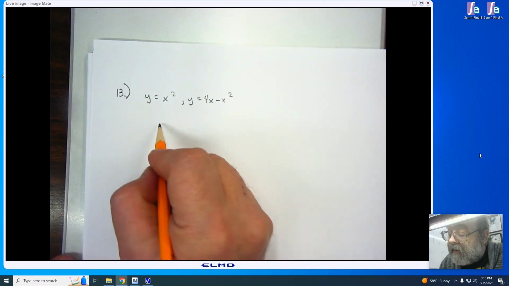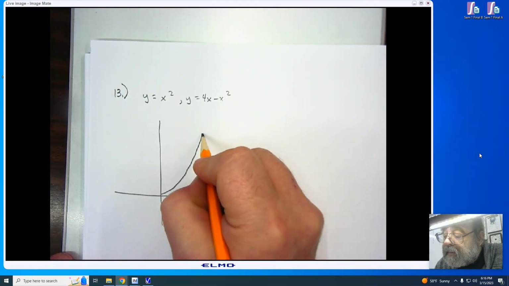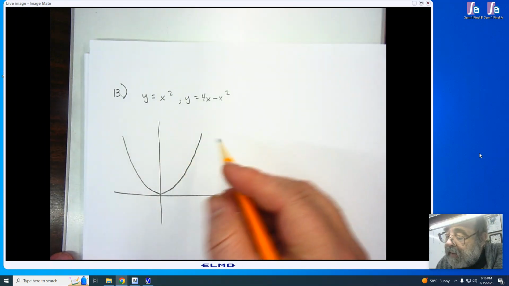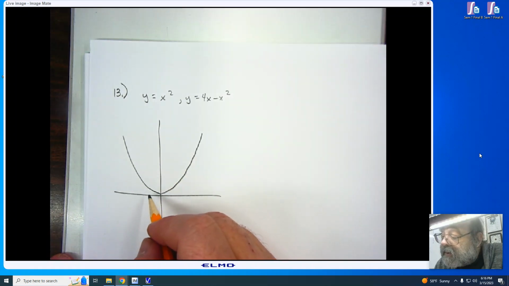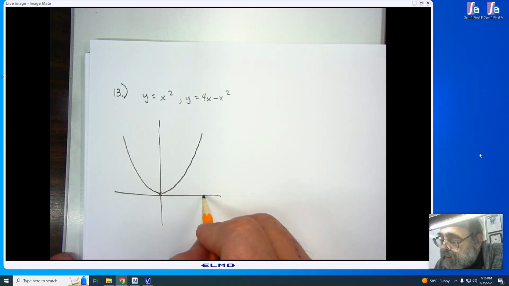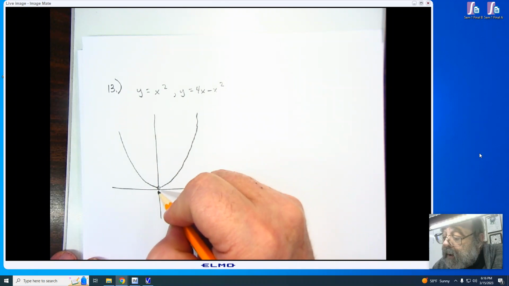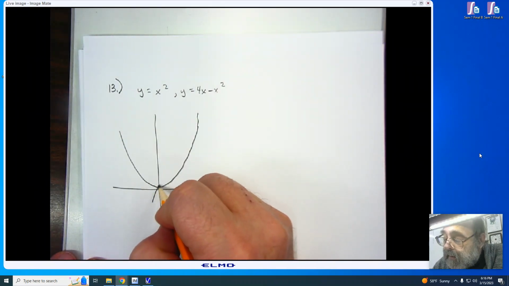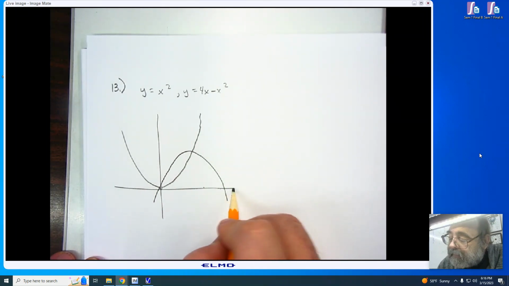So I'm going to start by graphing this. I've got a quadratic going like this. And then I have, let's see, x-intercept is 0 and 4. 0 and 4 all the way up here. And this graph is doing something like that.